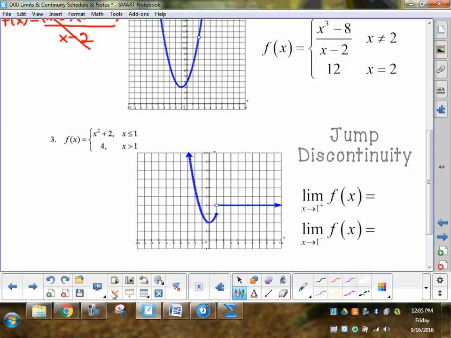As I approach 1 from the positive side, what value would I get? Cameron, what do you say? What's the limit value as I approach from the positive side? We approach 1 from the positive side. You should have it on your paper. What's it always going to be for x being greater than 1?